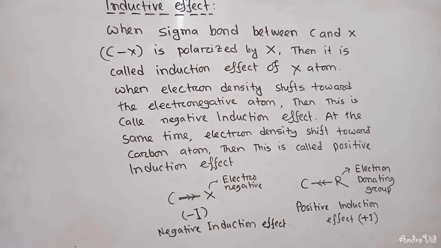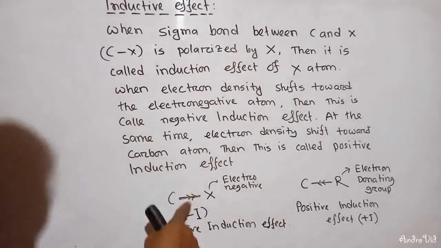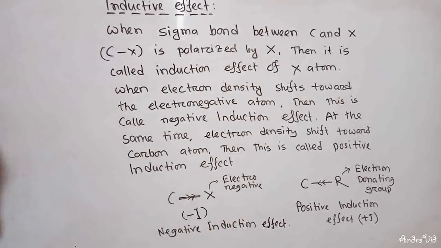Now, what is positive induction and what is negative induction effect? In a sigma bond, when carbon is attached with an electronegative element, as in this bond, the electronegative element shifts the electron density towards itself.